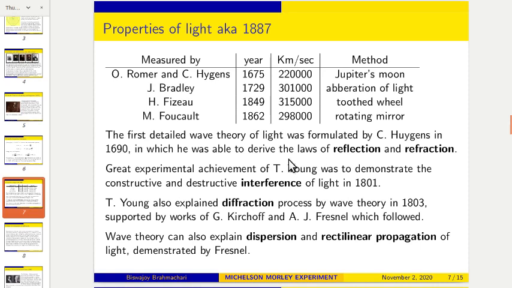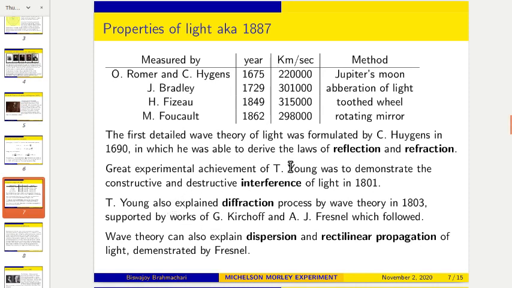Then another property of light that is very important for the discussion of today is the wave nature of light. The first detailed wave theory of light was formulated by Huygens, 1690. He was able to derive laws of reflection and refraction.